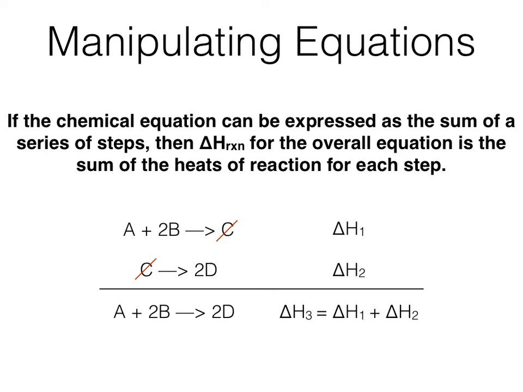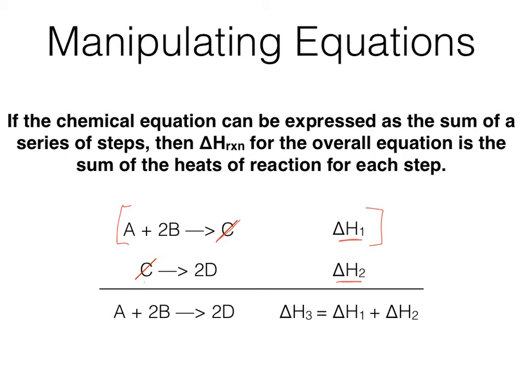If the chemical equation can be expressed as a sum of a series of steps, then the enthalpy of reaction for the overall equation is the sum of the heats of reaction for each of those steps. So I have one reaction that is A plus 2B forms C with an enthalpy of delta H1. A second reaction is C goes to form 2D, which gives me a delta H of reaction 2.